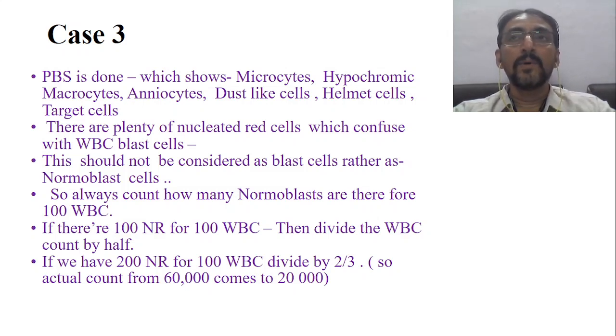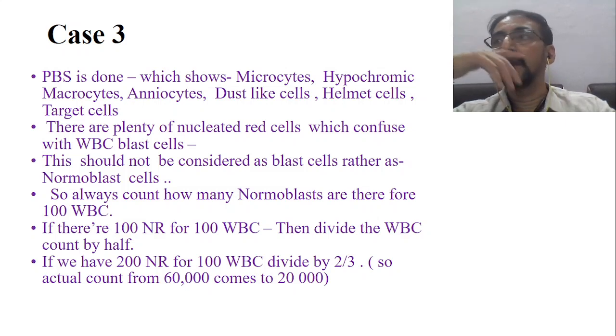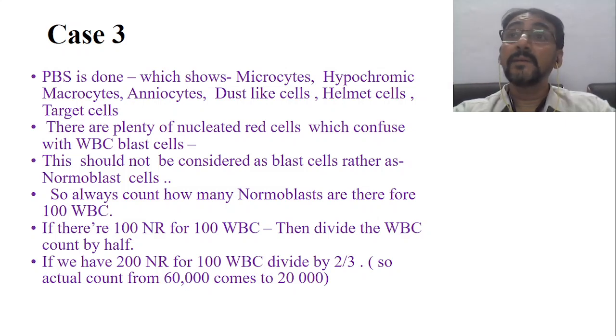Now what actually happens when we do microscopic counting: usually we consider that an RBC is a non-nucleated cell. But sometimes RBCs like late, early or intermediate normoblasts may appear in the blood with a nucleus, and that will be counted as WBC, because WBCs are always nucleus-containing cells. Understood?